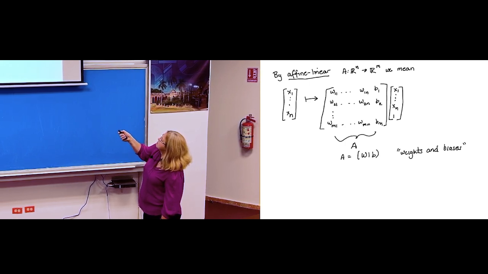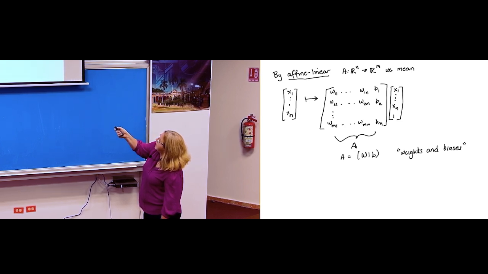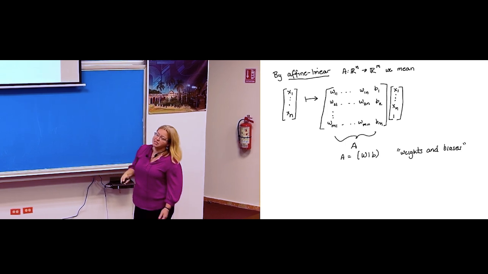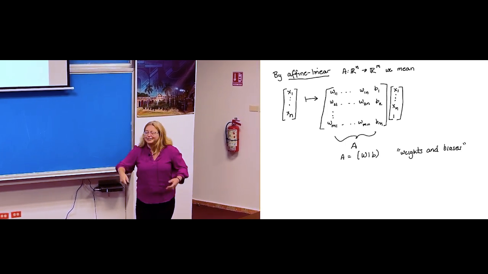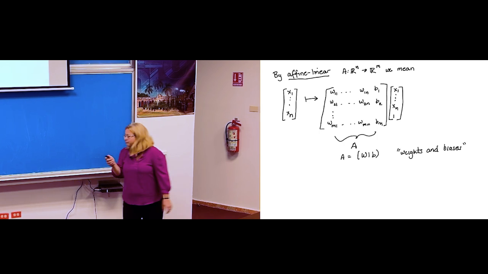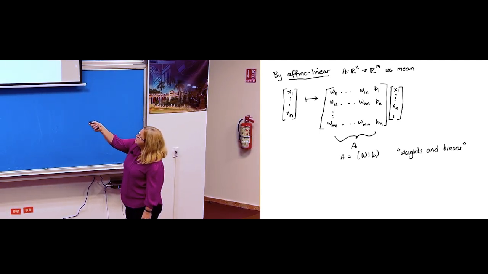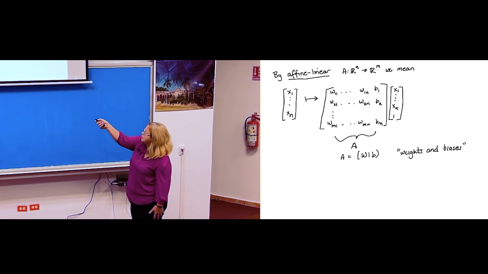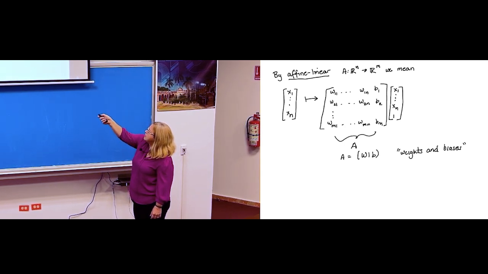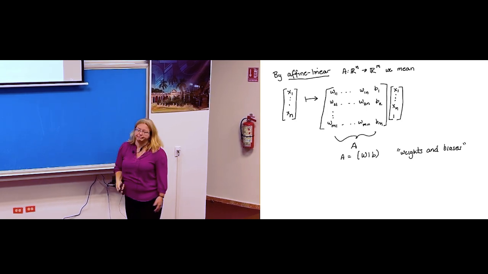The w's are the coefficients on the coordinates, but then I add a number b, and that's what makes it affine linear instead of purely linear. If you want, you can think of this as a matrix W and B. Typically in the machine learning community, the W part, these numbers, are called weights, and the B part is called a bias.